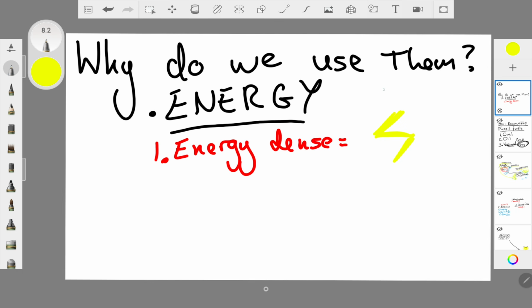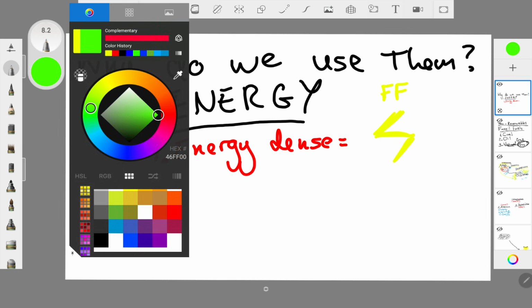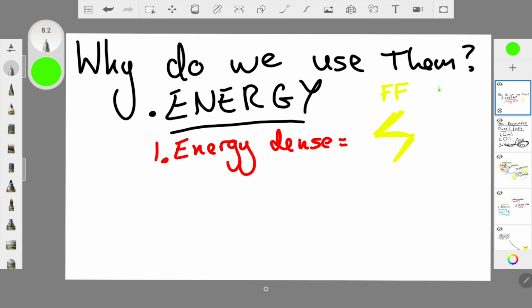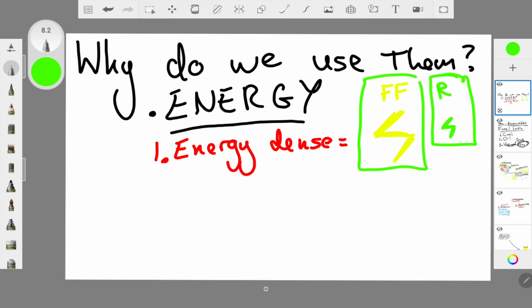Let's say this is fossil fuels, okay? The equivalent of renewables, let's say you're burning trees instead of coal, it's going to be a lot less, yeah? You get a lot more energy from fossil fuels per gram than you would from something renewable like a tree or ethanol, okay?